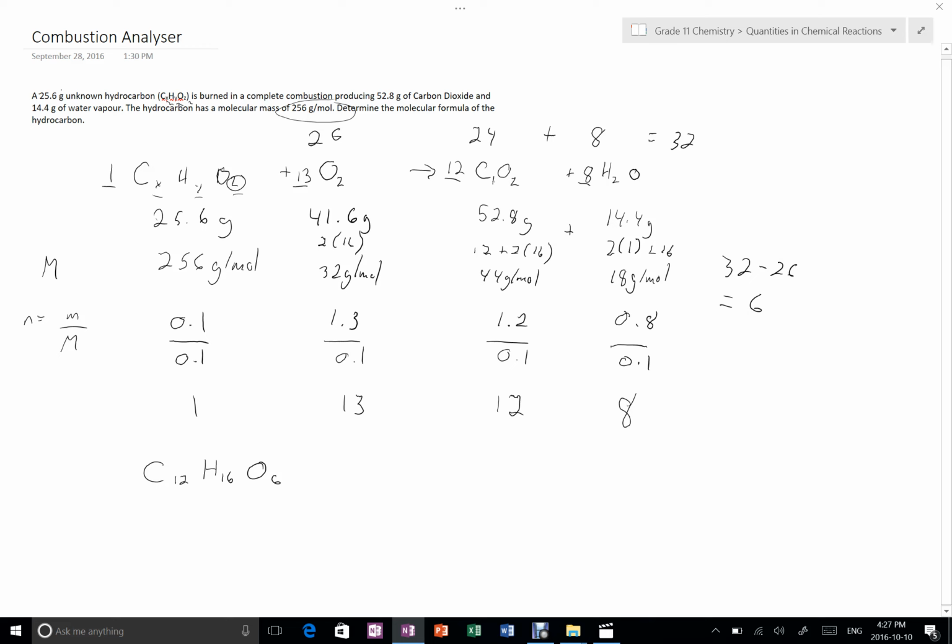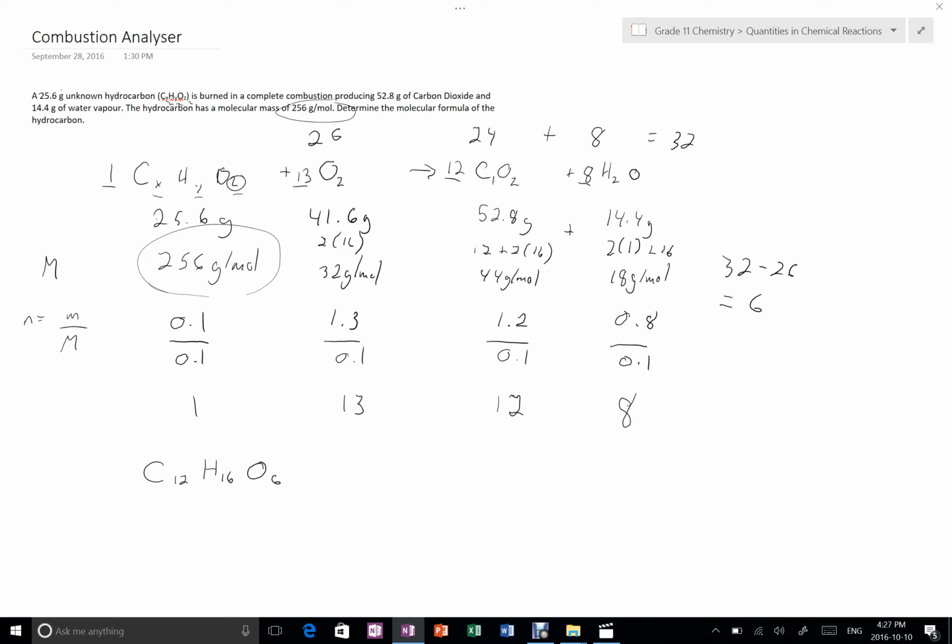So there we go. And since I know this is the molecular mass, I know that that's the right number in terms of the actual molecule of this. Hold on, 32 minus 26, is that right? Yeah, that's right, okay.